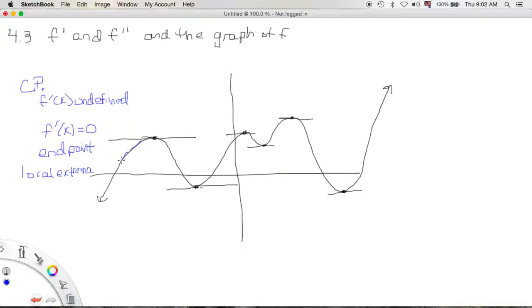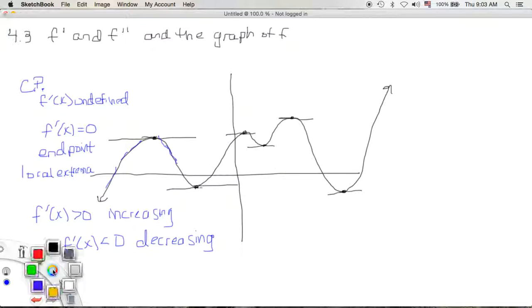Remember, we said the function was increasing when the derivative was positive, and when the derivative was negative, the function was decreasing. And we've talked about that a couple of times, so that's just kind of review. So the first derivative can tell us about extrema and whether the function's increasing and decreasing.